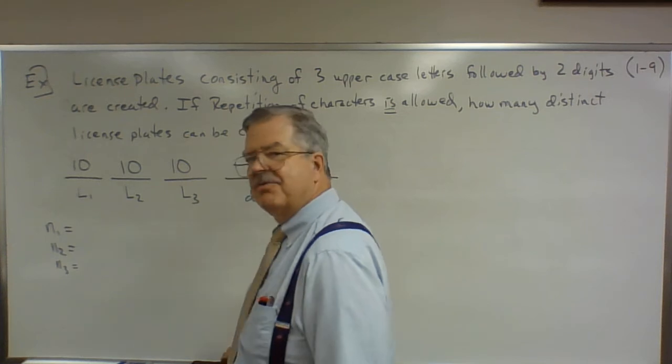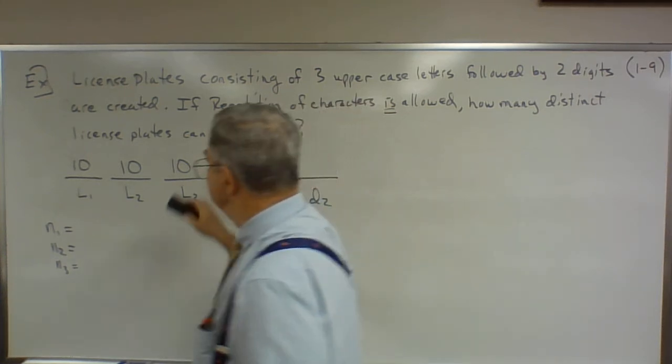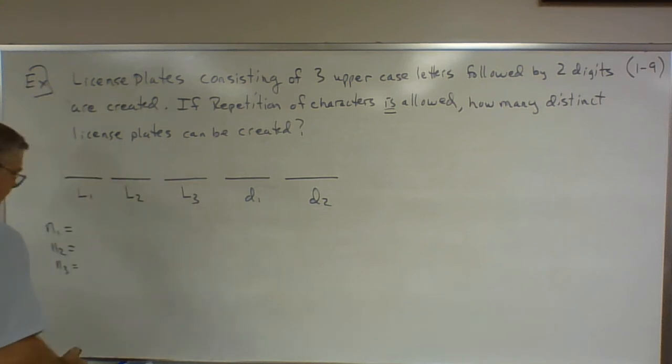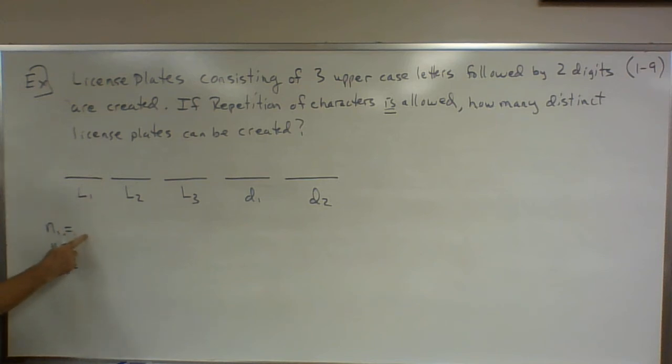L1, L2, L3, they're uppercase letters. We have more than 10 uppercase letters, I think. N1, the number of outcomes when we select the first letter, there are 26 possible letters. And repetition is allowed, so the letter that we select in the first place can also be selected for the second place. So N2, the number of outcomes for selecting the second letter, still 26.